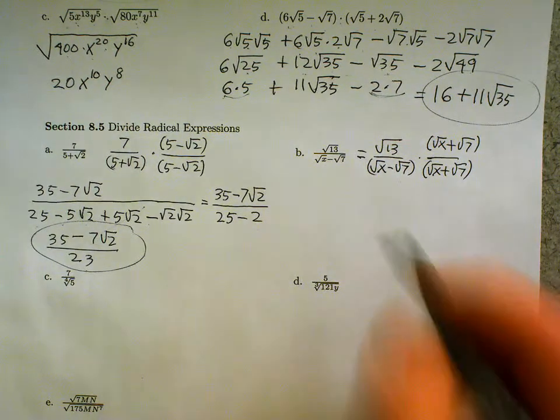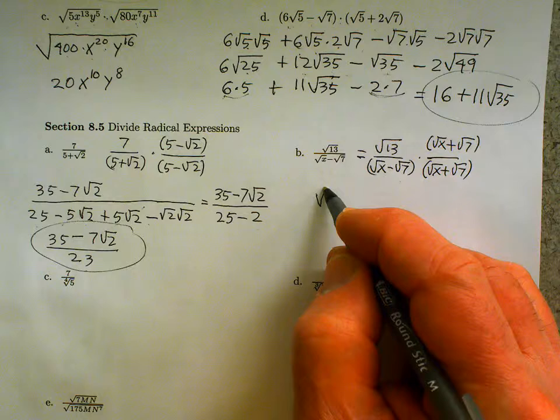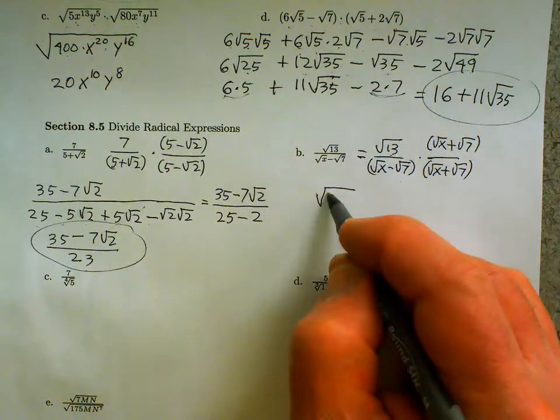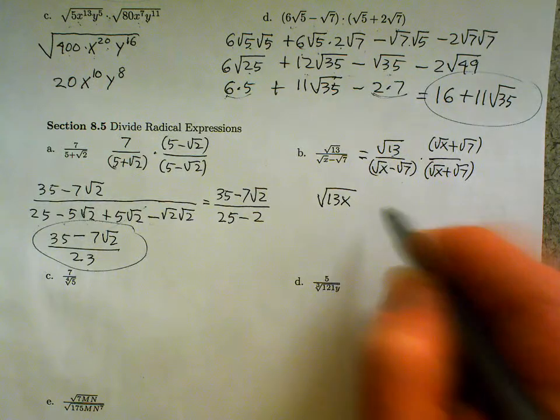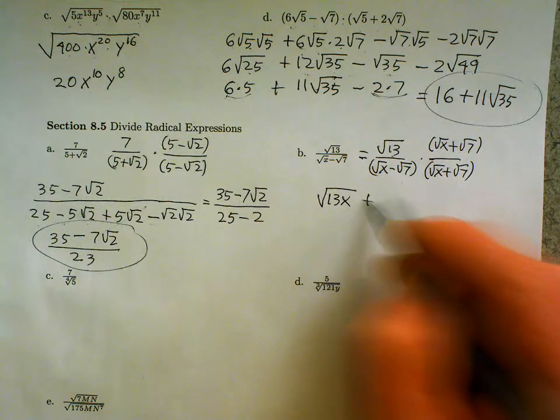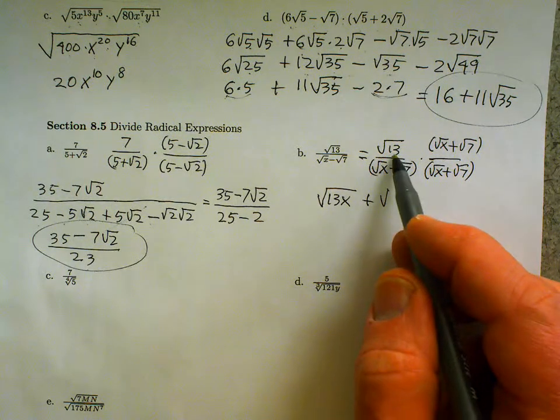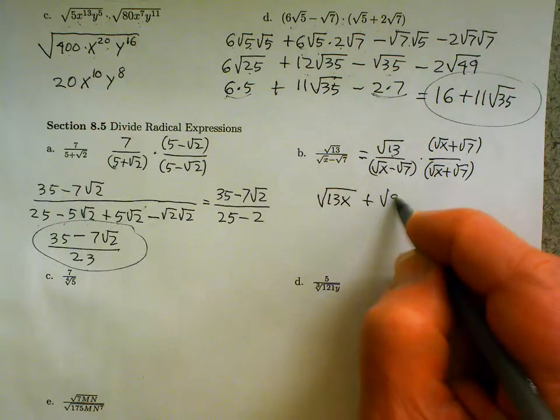Okay, in the numerator, we'll get the square root of 13x, because the square root of 13 times the square root of x is the square root of 13x, and then plus the square root of 91, because 13 times 7 is 91.